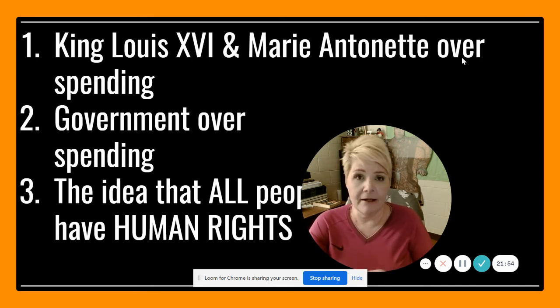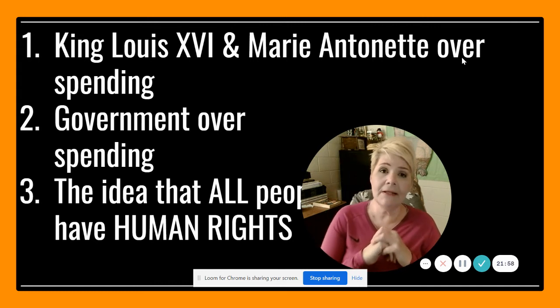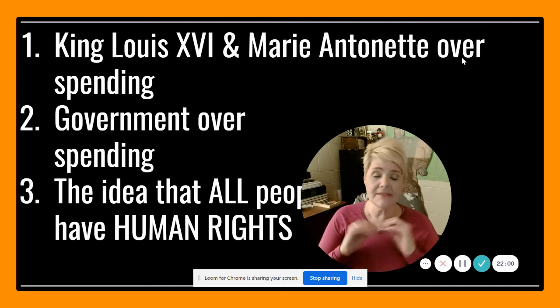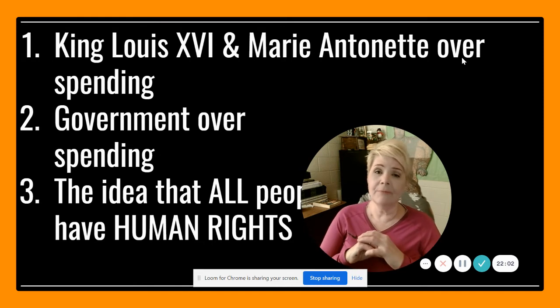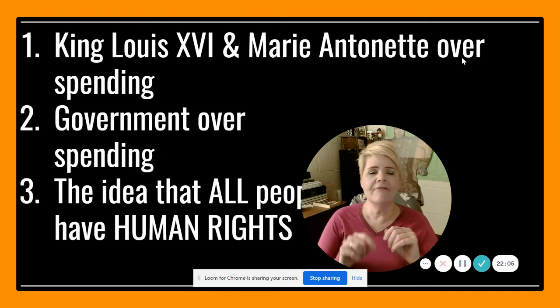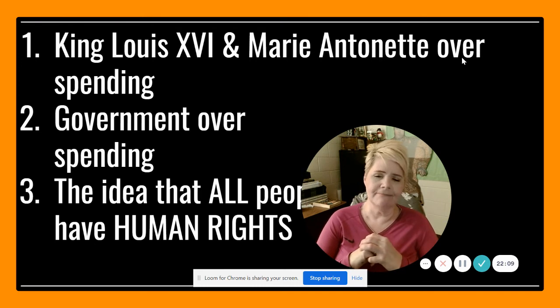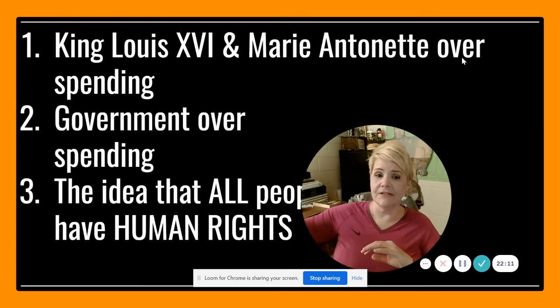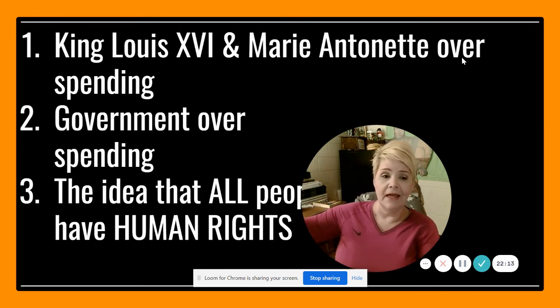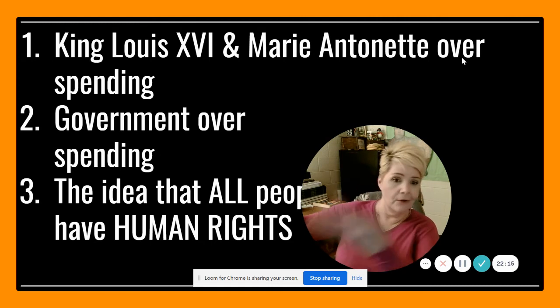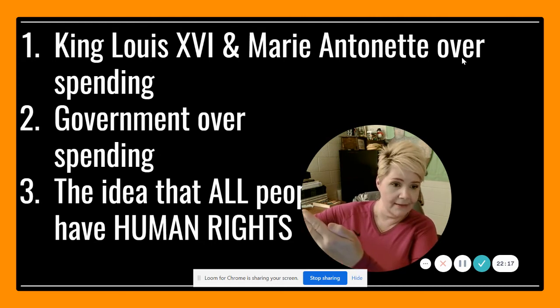The government also would spend. Okay, the big thing that they spent money on, which kind of made people angry, is remember, France funded the American Revolution. So the American Revolution's going on over there, and the money's going over there to help the colonists.